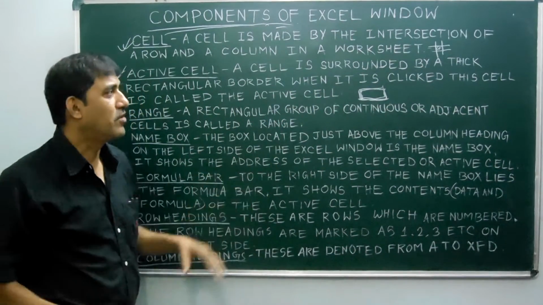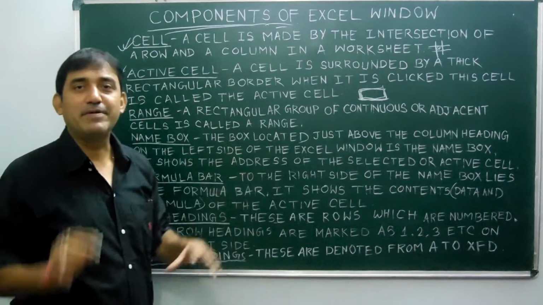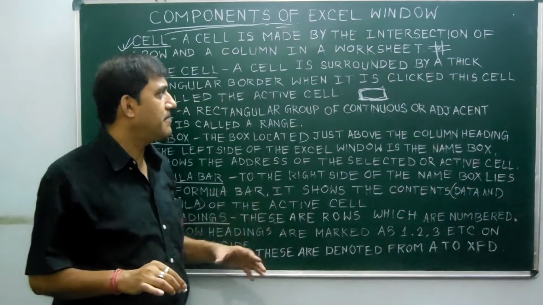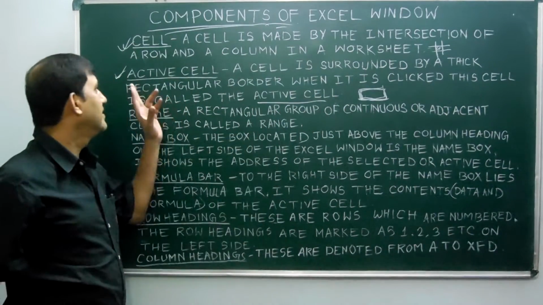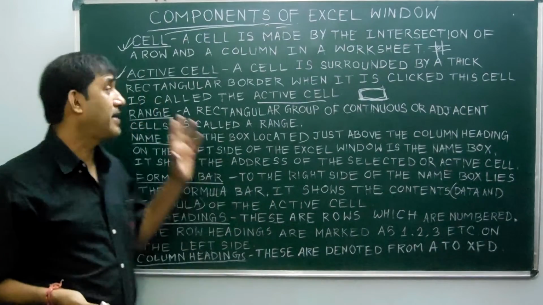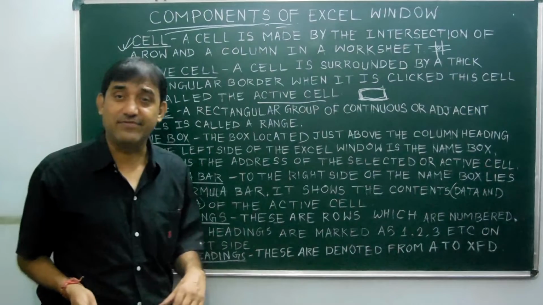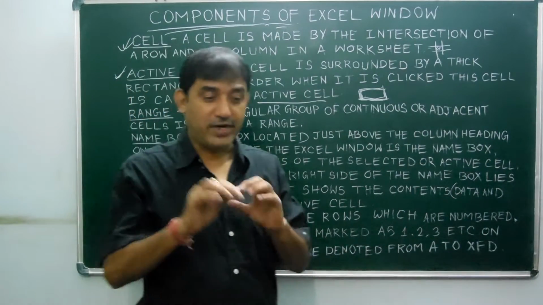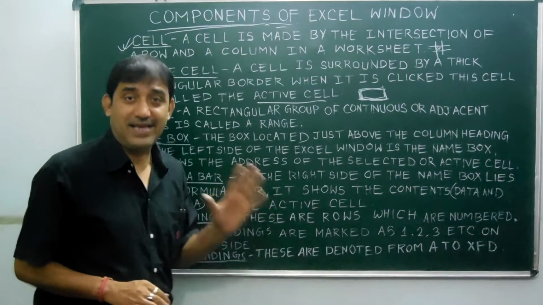Wherever I click on the sheet, that will be highlighted. The border is there, and that is called the active cell. That is the second component. So how do you know which one is active, which one is current? Wherever you are typing, that is the active cell.